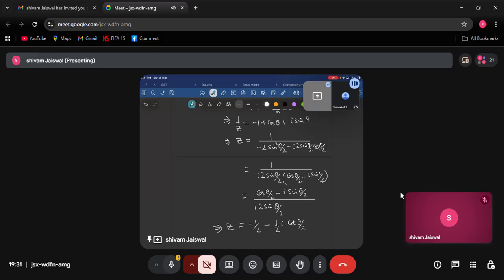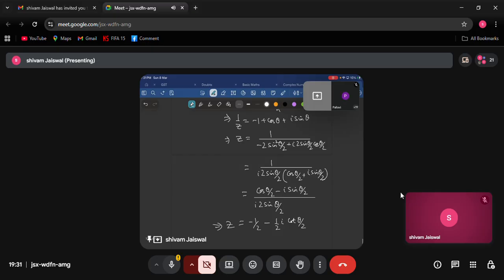Until this much, anyone having any doubt? Tell me. Ritam, Shanaya, Shashi, are you getting? Those who are online, Riksha, Adrija, have you understood? Yes. Pratyay, Pallavi, are you getting? Yes, sir. Sir, is it plus i cot theta by 2 or minus i cot theta by 2?